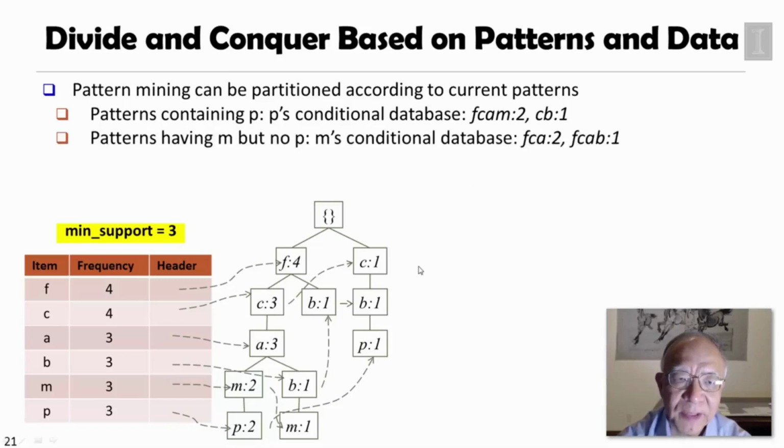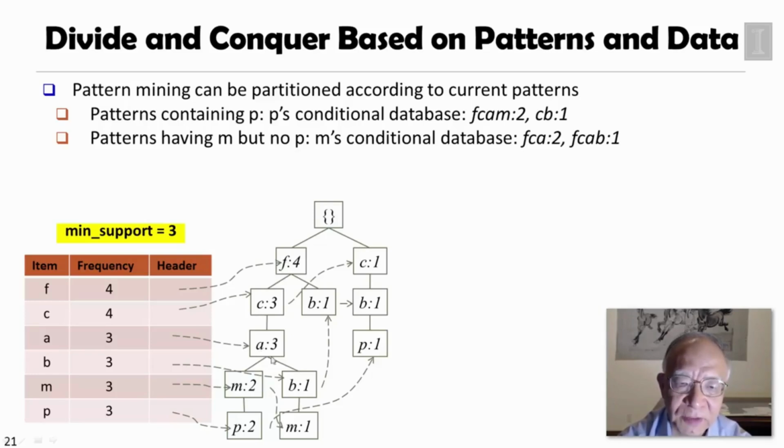Then if you want to look at M's conditional database, the philosophy is you are thinking of patterns having M but not having P, because P has already been taken care of by P's conditional pattern base. So you look at M's conditional database, you also look up, you get FCA.